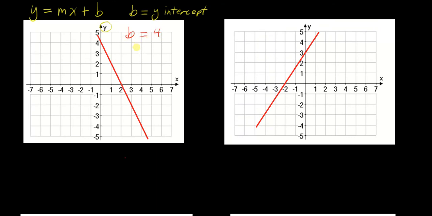So let's talk about what m is. M is a little bit more complicated, but not too bad. M is going to be a fraction that expresses the ratio of the change in y over the change in x. We call that delta y and delta x. It just means a change in. Another way that you may have heard it expressed is rise over run.